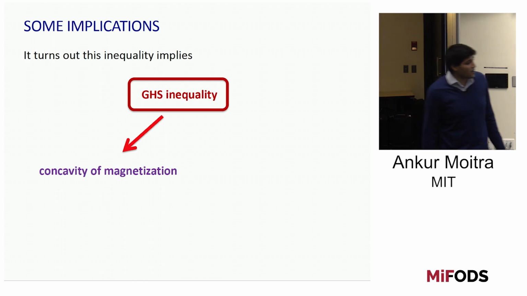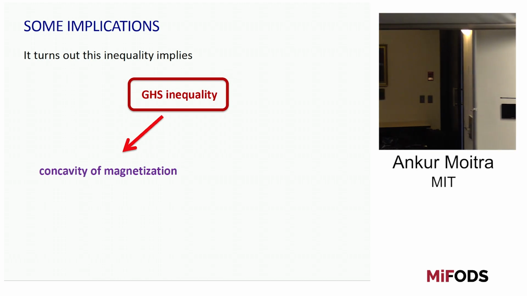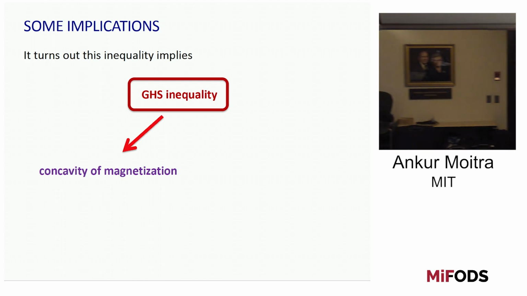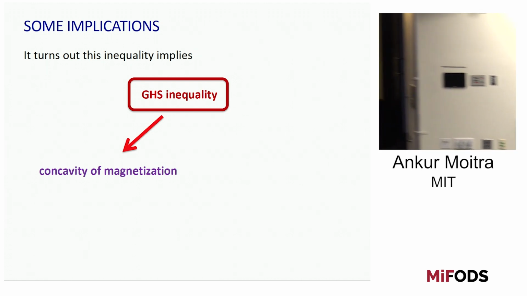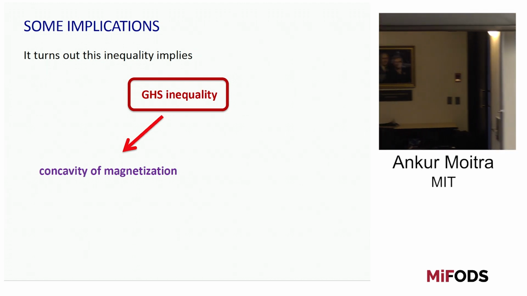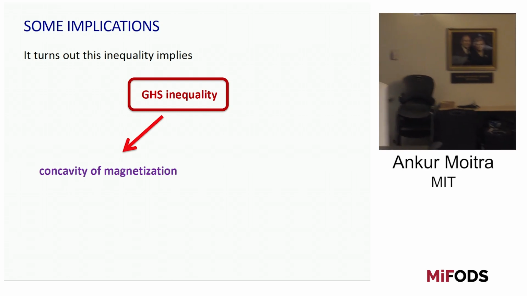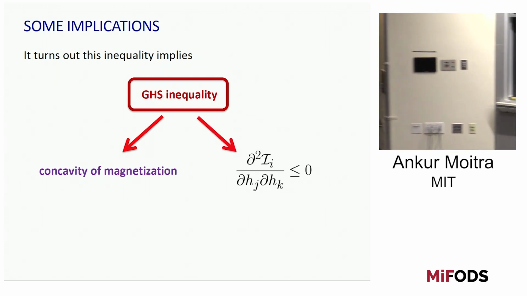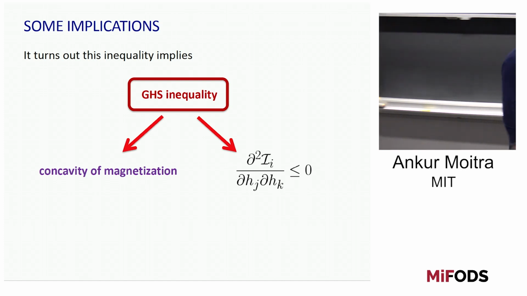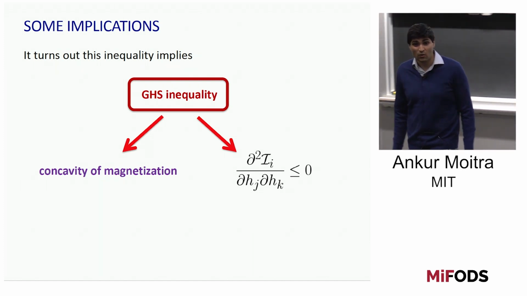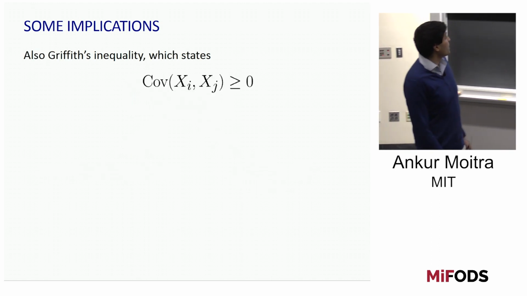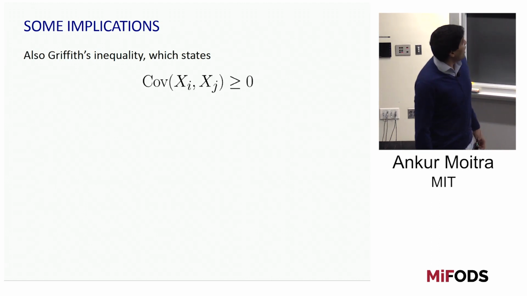So it turns out that this GHS inequality, which took me 3 lines to even write down on a slide, not only implies the concavity of magnetization, this intuitive fact about the diminishing returns of the average magnetization, it also implies something about the second derivatives of the smooth influence function: that those are also non-positive. And in fact, there are other implications.